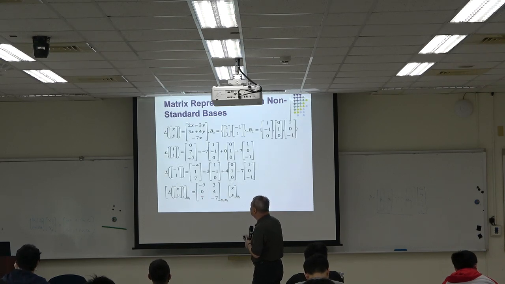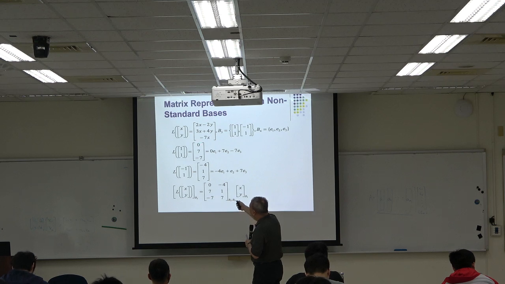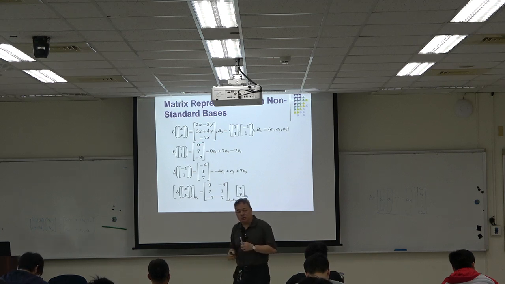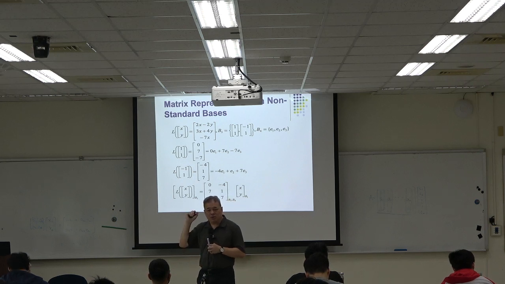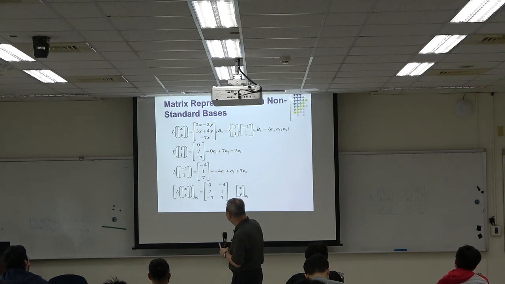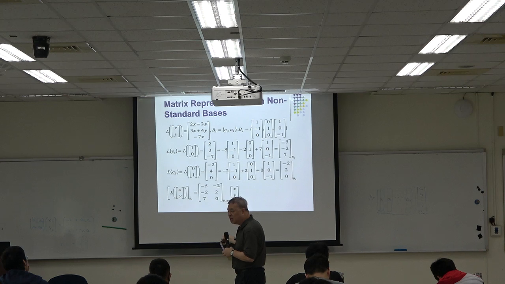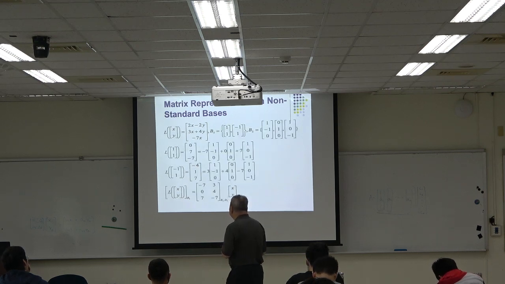This one is 2x minus 2y, 3x plus 4y, negative 7x. You can see we always talk about the same linear transformation: 2x minus 2y, 3x plus 4y, negative 7x. They are all the same linear transformation. It's just that the bases are different, right?